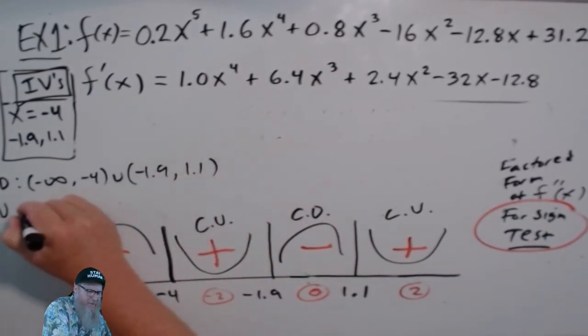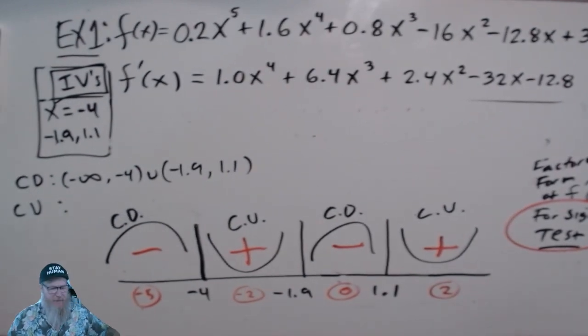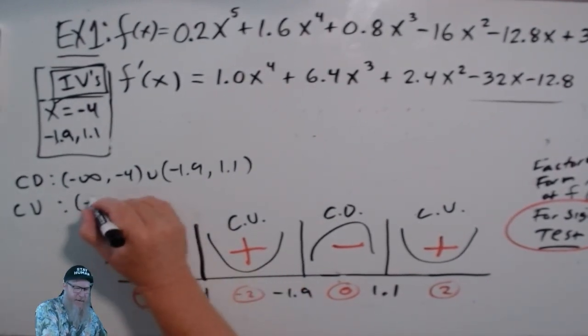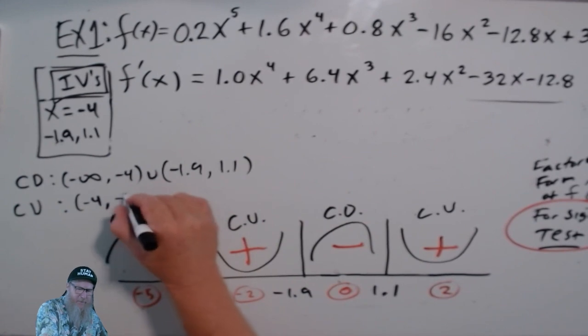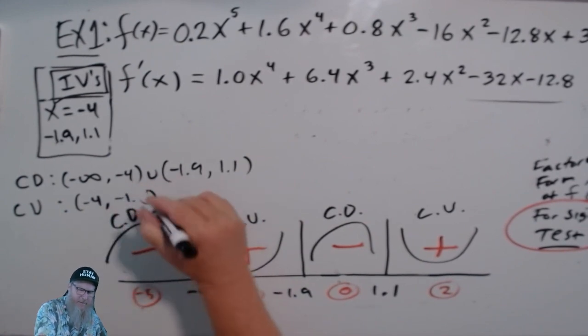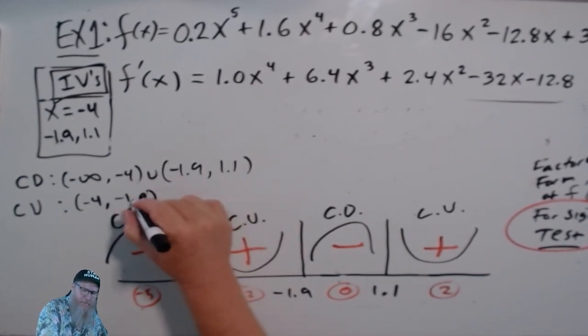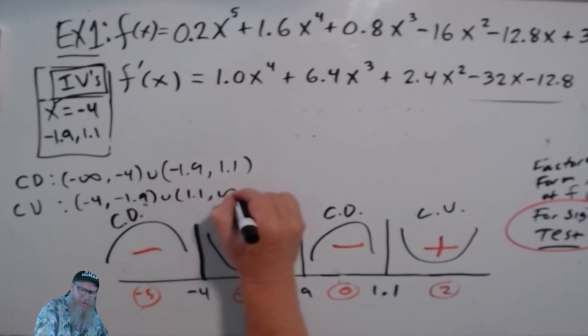We have concave up everything else: from -4 to -1.9 union 1.1 to infinity.